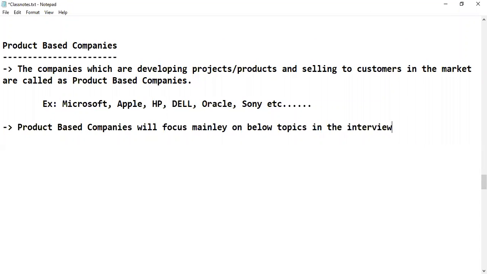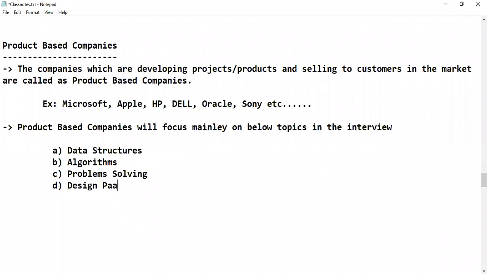The very first thing that they are going to ask about in the interview is data structures, algorithms. If you want to attend an interview in a product-based company, you should be very good in data structures, algorithms, problem solving, okay, and coding test. Coding test will be available.